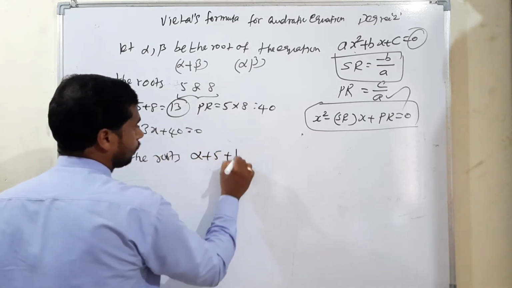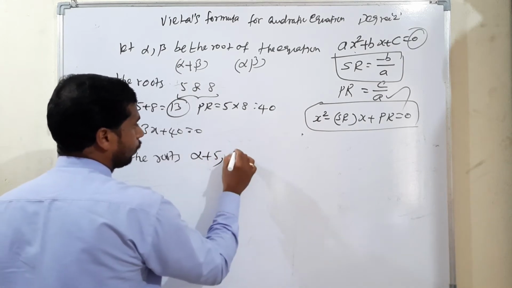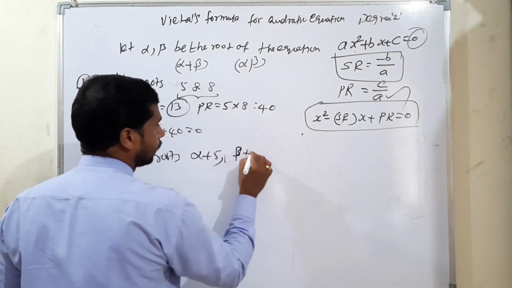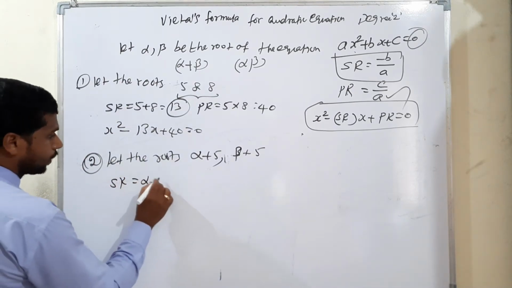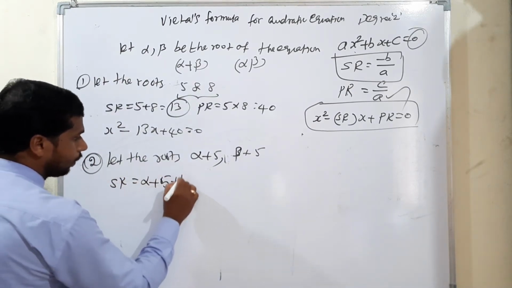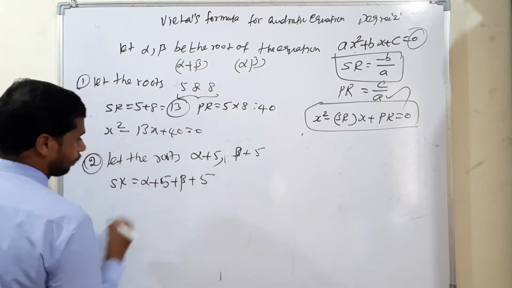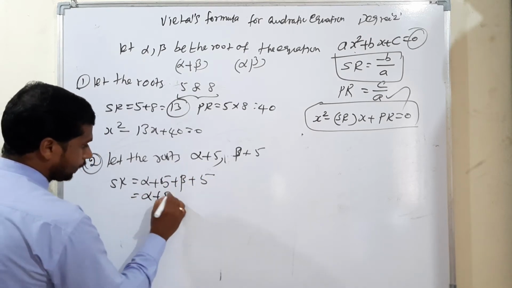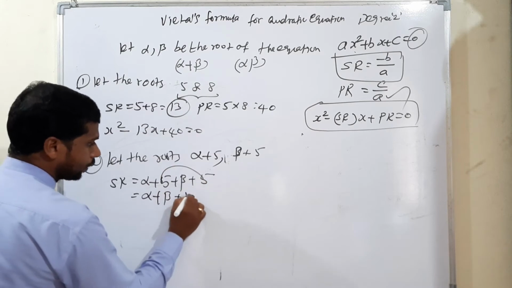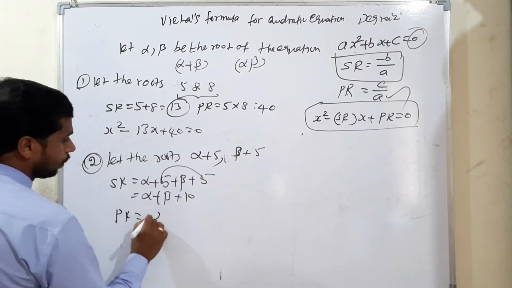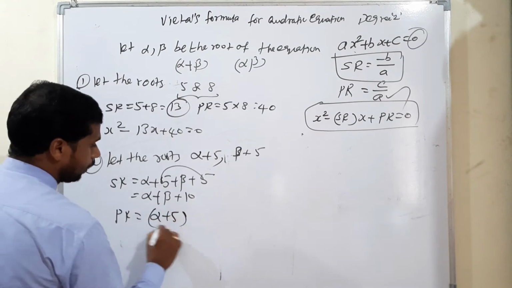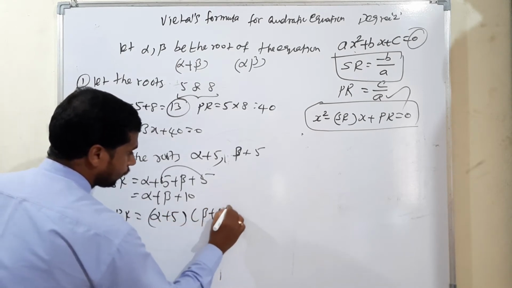Then second one, let the roots be alpha plus 5 as one root, another root beta plus 5. First, sum of the roots, what will happen? Sum of the roots means alpha plus 5 then beta plus 5. Again alpha plus beta plus 5 is equal to 10. This is the sum of the roots. Then product of the roots means alpha plus 5 into beta plus 5.